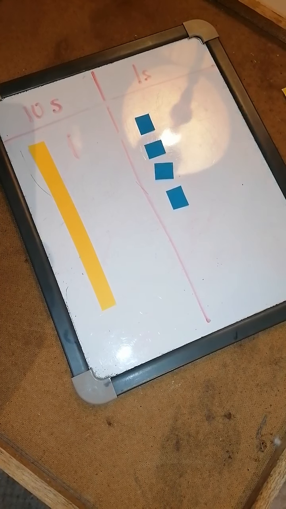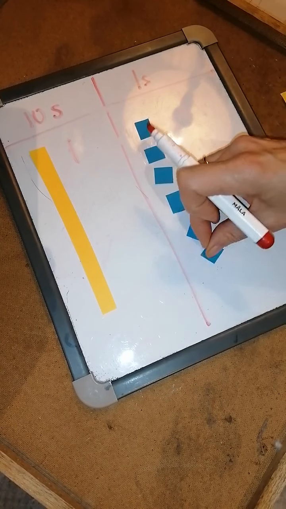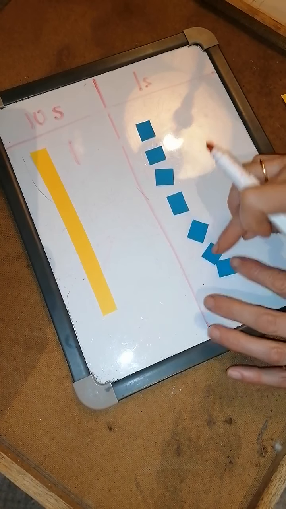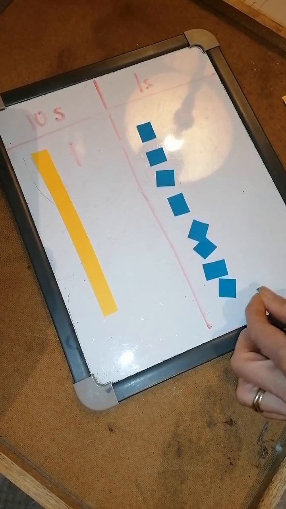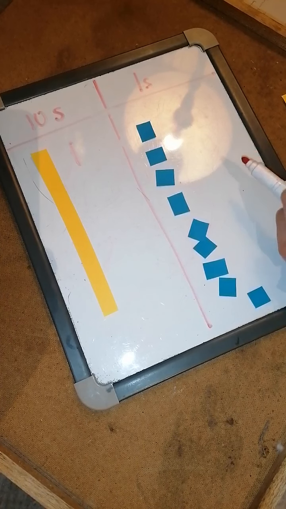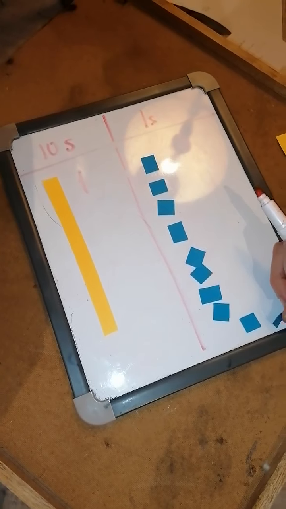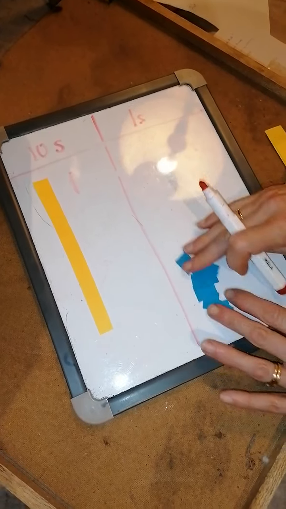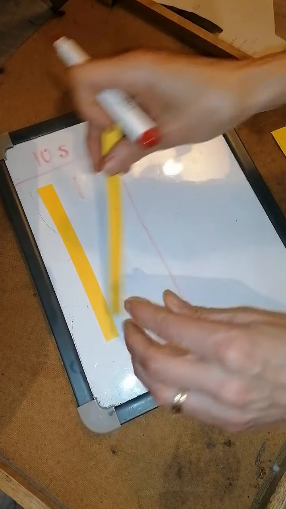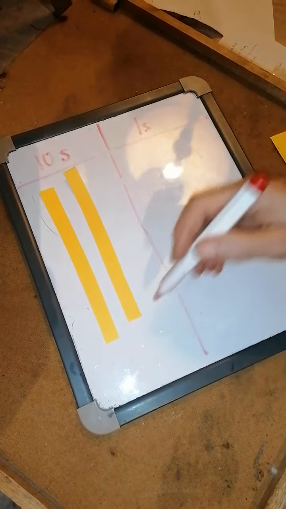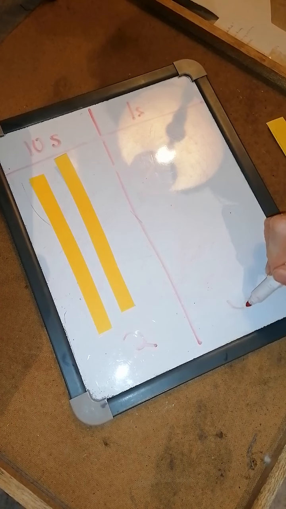I keep going. 5, 6, 7, 8, 9, 10. Oh, can you remember what I have to do? Yep, that's right. I've got to swap these now for one of those. So now I've got 2 tens and no ones.